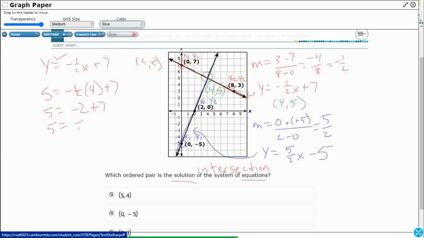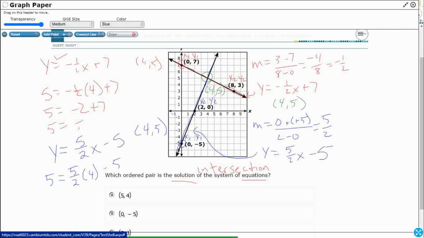Let's see about this bottom one right here. Okay, this is the y equals 5/2 x minus 5. I still want to plug in that same x and y coordinate, x of 4, y of 5. So my y is 5, 5/2, my x is 4, minus 5.